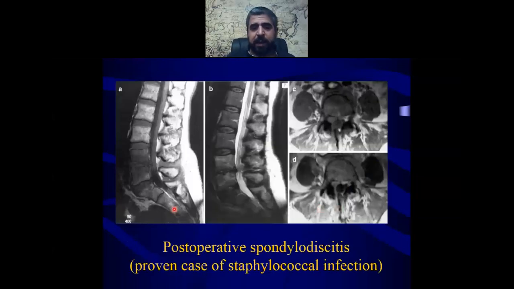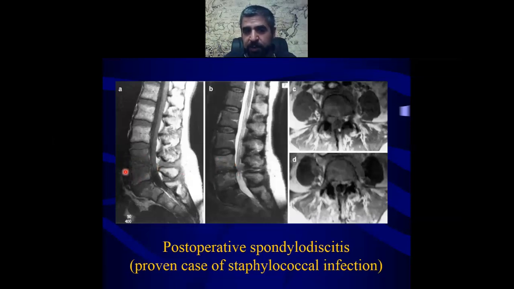Now, let's see here. This was a case of post-operative spondylodiscitis. First of all, this is T1 and this is T2 weighted image, and you can see the disc here is degenerated. It lost some volume compared to the discs above and below. There is a surrounding signal in the adjacent end plates at L4 and L5.